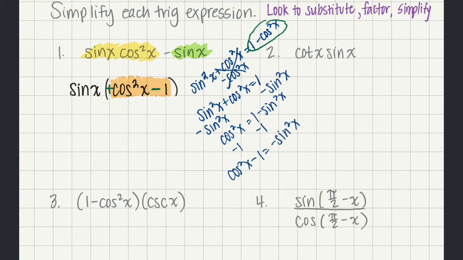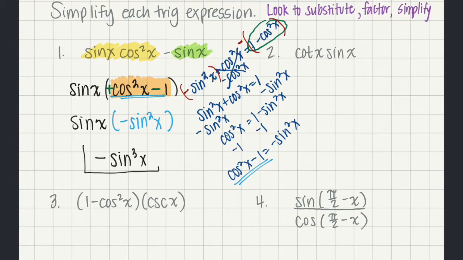The other thing I could have done was multiply both sides by a negative, and I would have had negative sine squared of x equals the opposite of 1 minus cosine squared. But this works right here. In place of cosine squared of x minus 1, we substitute in negative sine squared of x. So we've got sine of x times negative sine squared of x, which is negative sine cubed of x.